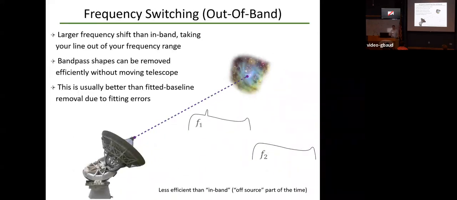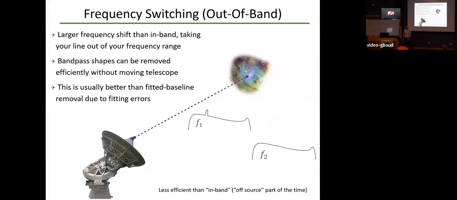But first, let's talk about out of band. So out of band, the benefit is that it also eliminates your bandpass structure. The drawback is that you are only on source half the time. So if you are not worried about that loss in observing time, this is a fine technique for you.